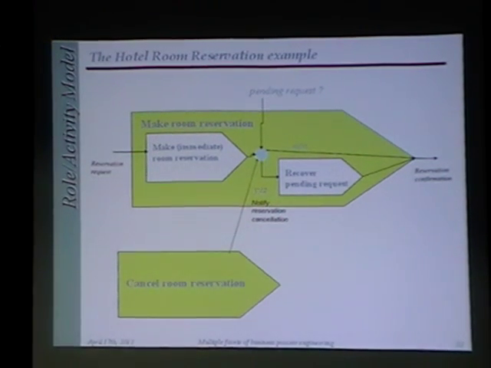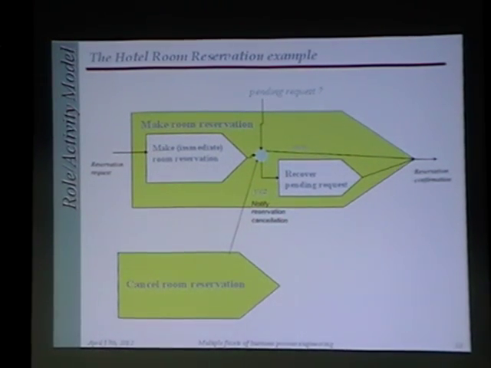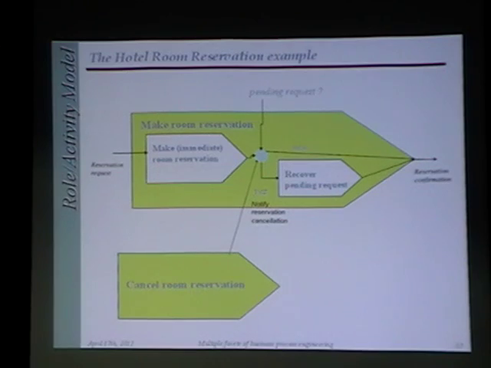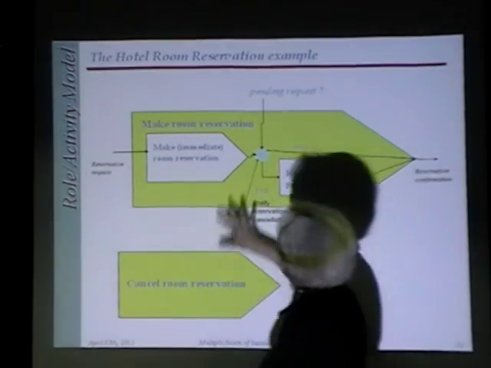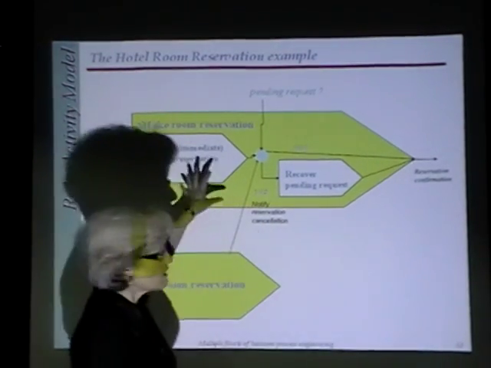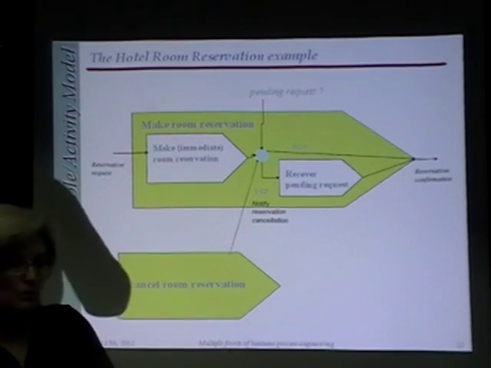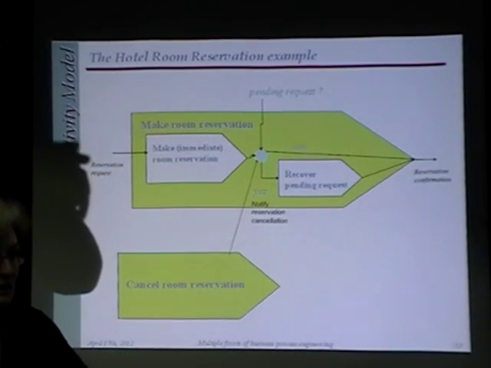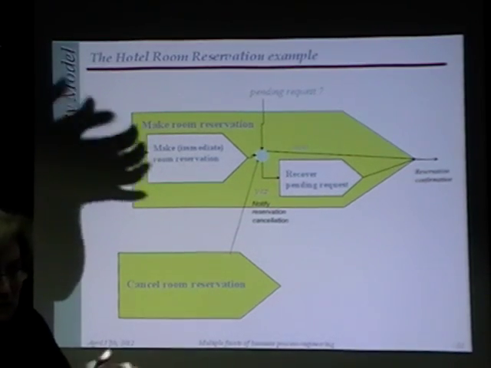Now, the problem that I would like to highlight here is that in a lot of companies, the people involved in these two processes, which here are two very close processes dealing with the same business object, which is a reservation, these are broader processes, okay?